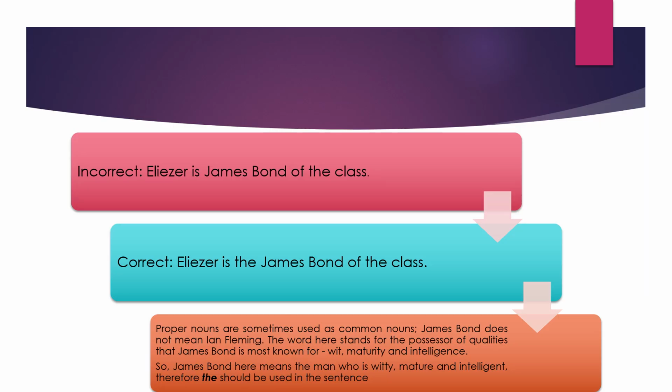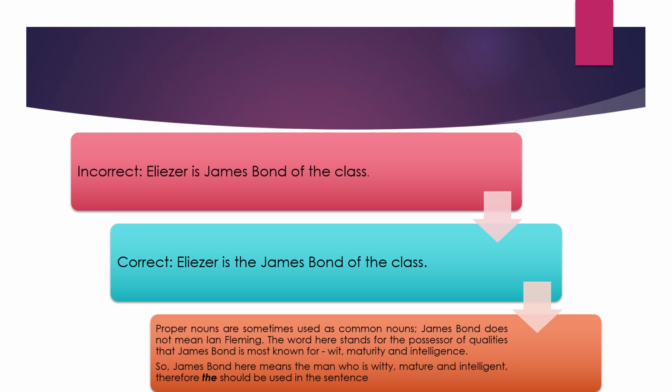Next, Elijah is James Bond of the class. Now this happens to be an incorrect statement. Why? Because here we don't mean that Elijah, who happens to be one individual, is James Bond, meaning he's Ian Fleming. No, we're just trying to say that Elijah, who happens to be a person, possesses the qualities that are possessed by James Bond, the character of the James Bond series.